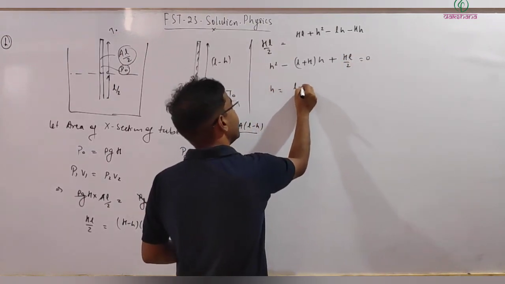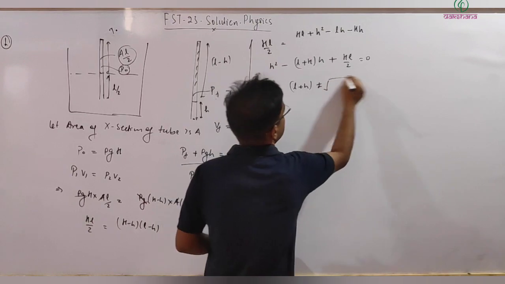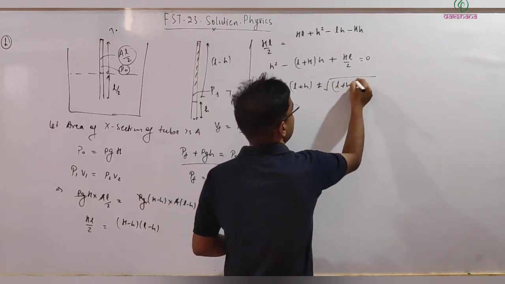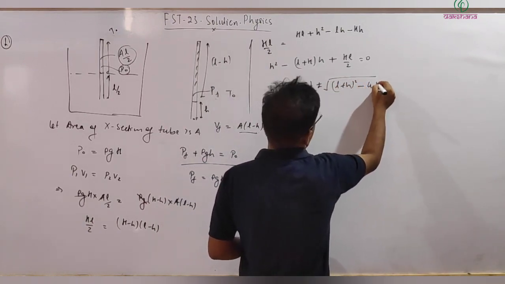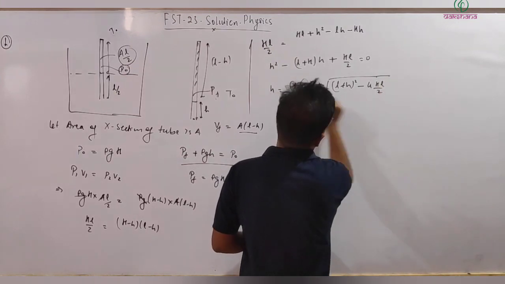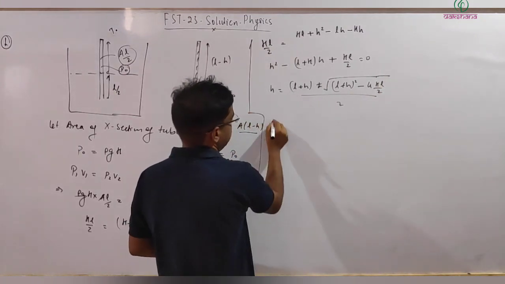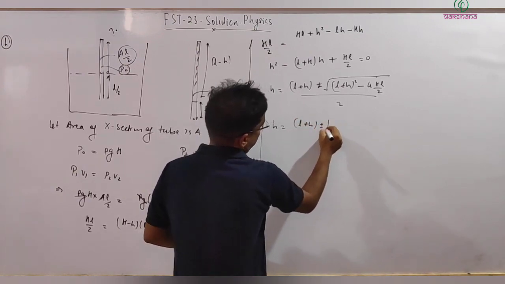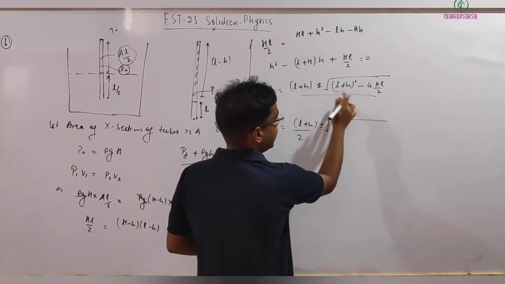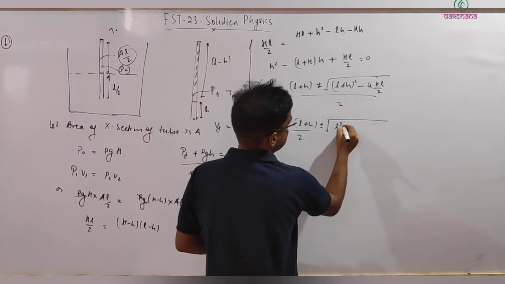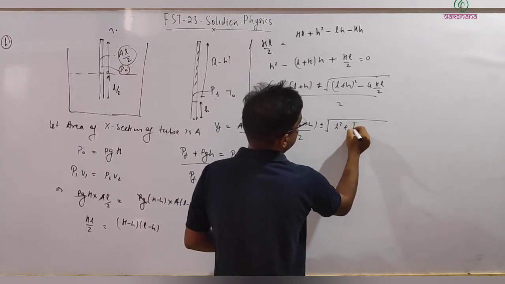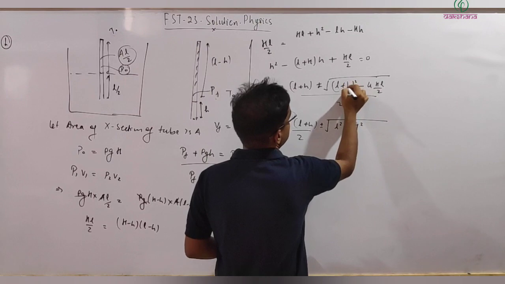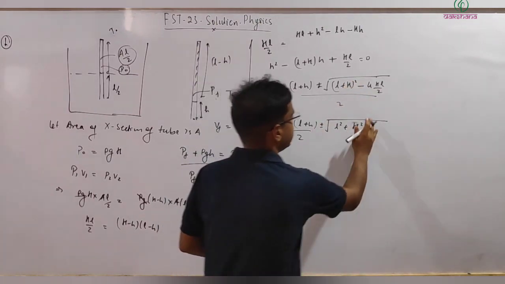And h is equal to L plus H plus or minus the root of L plus H whole square minus 4HL by 2, divided by 2. This all cancels out to L square plus capital H square, under the root. This we are getting now here.